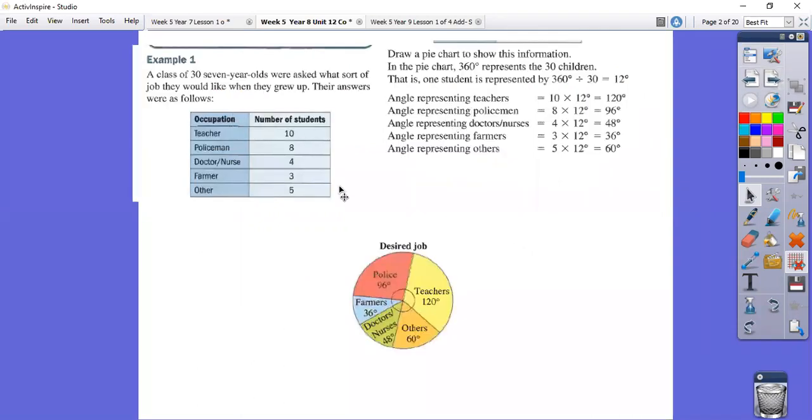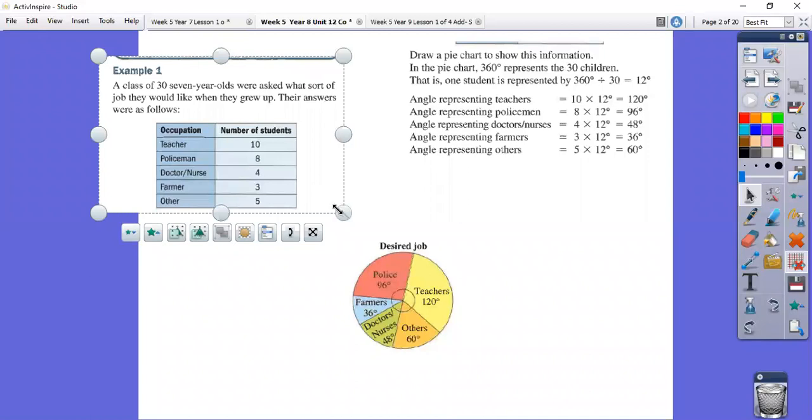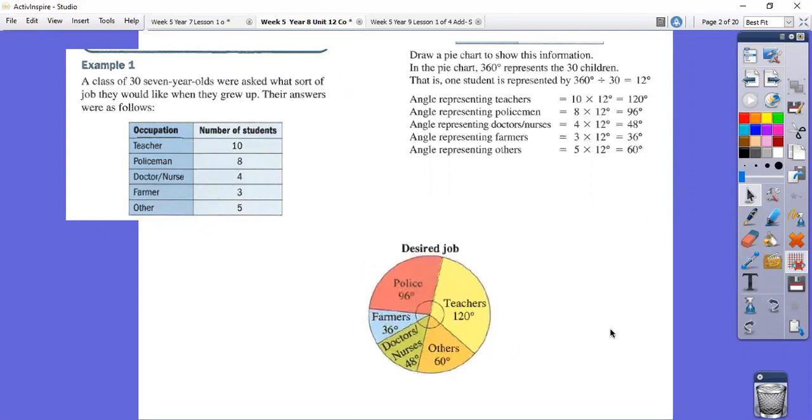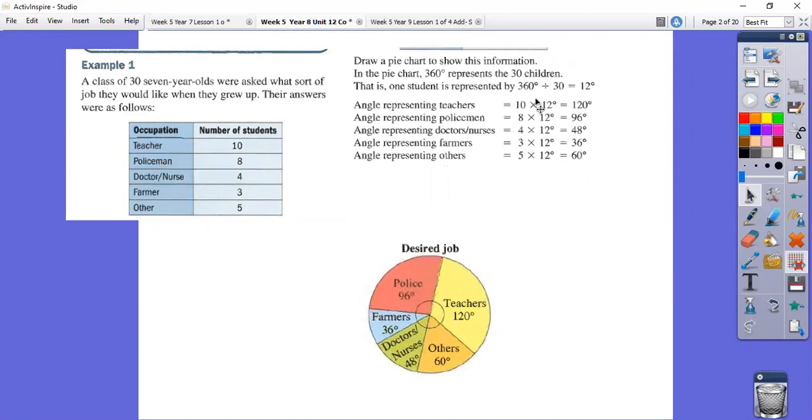So to begin with, we have these examples in the consolidation part, which is just a reminder of how we do questions. So for example, here you have a class of 37 7-year-olds who were asked what sort of job they would like to do when they grow up. Here are their answers. To put this information in a pie chart, you remember you've got to work out the angles.